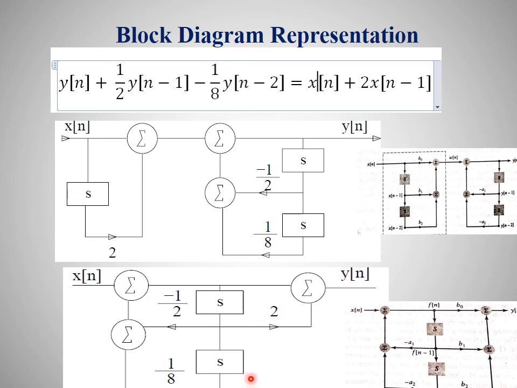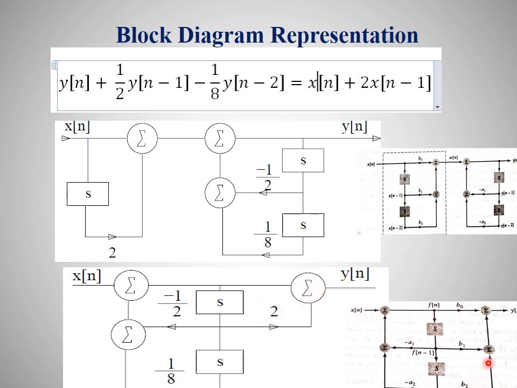So here we would be having minus a1 and minus a2, which is minus half and plus 1 by 8 from here. And for the x term, we have only one term, that is 2. So this is 1 of x of n and 2 of x of n minus 1. That is what has been generated here.